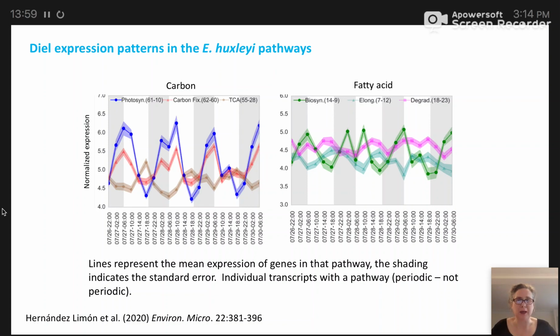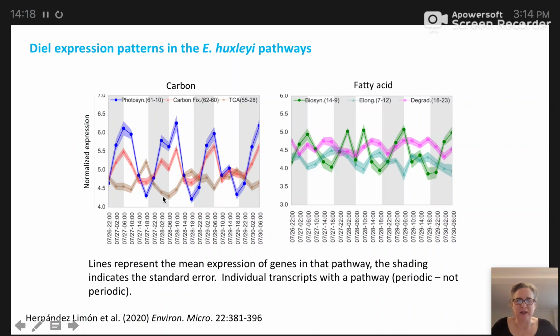And you can see that during the nighttime, E. huxleyi starts to ramp up its transcription of photosynthetic and carbon fixation related transcripts so that they are turned on in the morning when the lights come on.